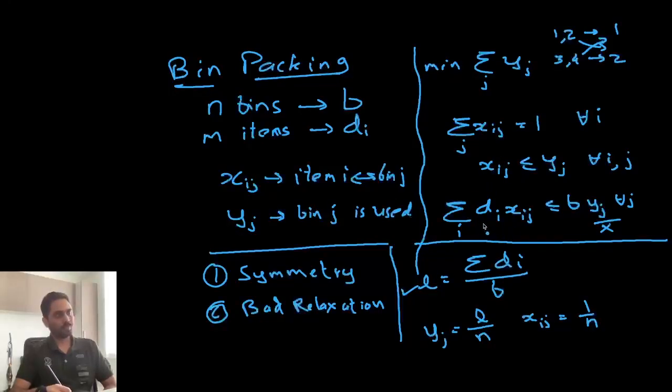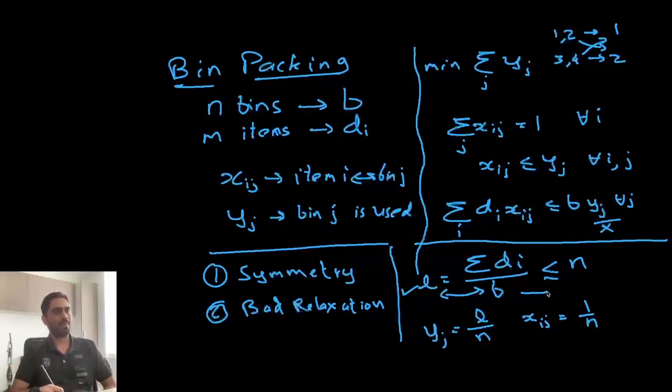And the last constraint is also satisfied. If you want to verify it, you can. This is the sum of di by n, and that should be less than or equal to b. You can basically say that this thing is less than or equal to n, the total number of bins that we have. So this is the lower bound, and that means the number of bins that we'll be using.